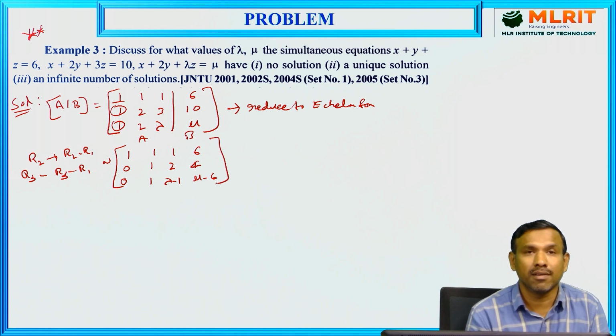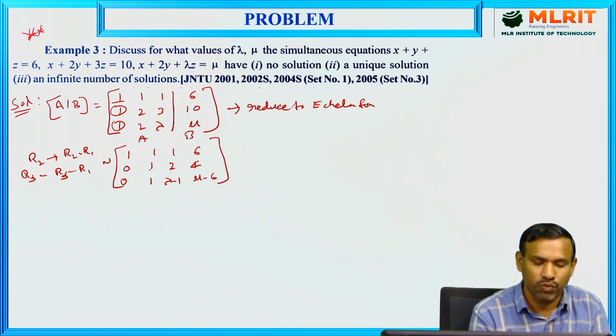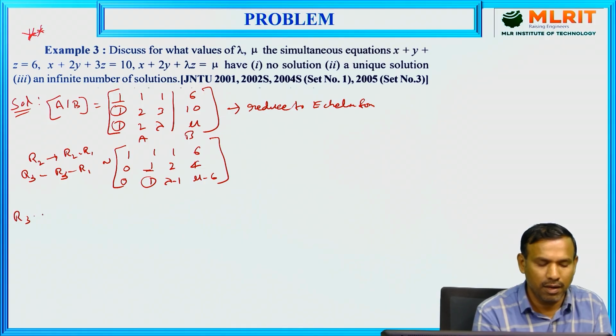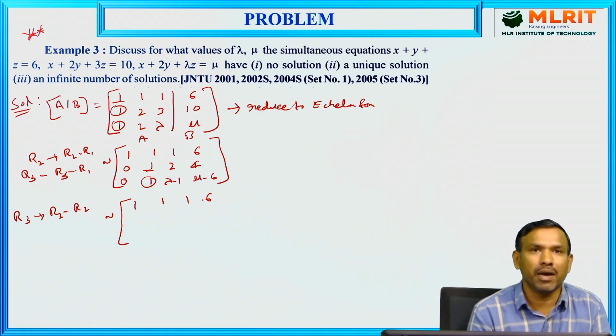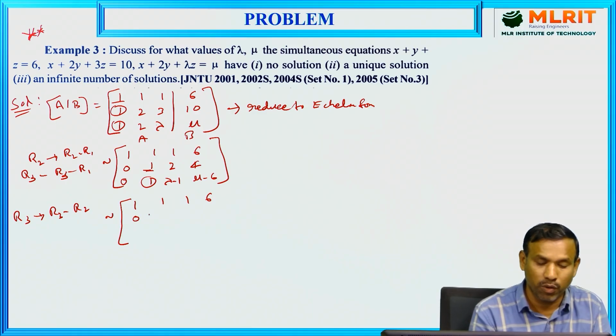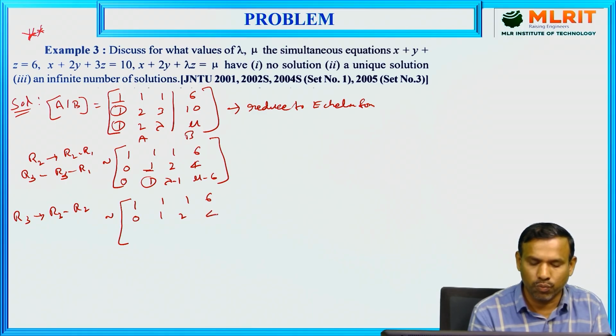But it is not in echelon form. Using the second row, make the below element 0. That is R3 implies R3 minus R2. The first row is 1, 1, 1, 6. The second row has no change, 0, 1, 2, because which row we are using should not be changed. That is a basic rule.